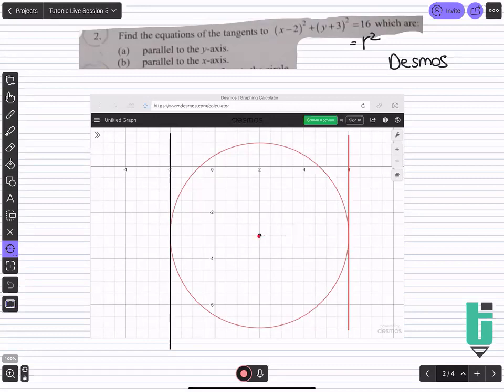What do you know about the radius and the tangent? What's the rule in circle geometry with the radius and the tangent? Radius is perpendicular to the tangent.